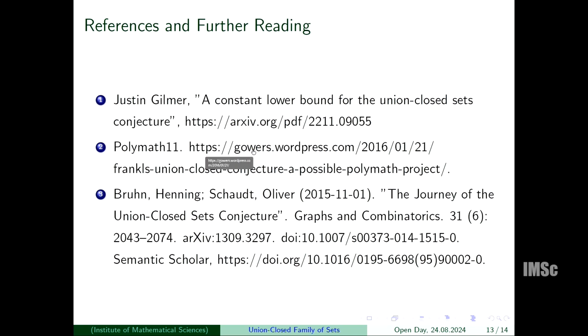These are some references that you can check out. This is Justin Gilmer's paper that you can read. The second one is a polymath project. A polymath project is a collaborative project between mathematicians and students where you can take something which has been unsolved for more than 50 years, and mathematicians can come together, students can come together, and they can try to figure out an answer.